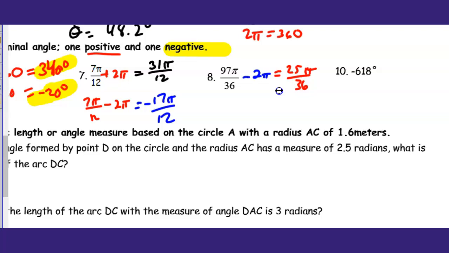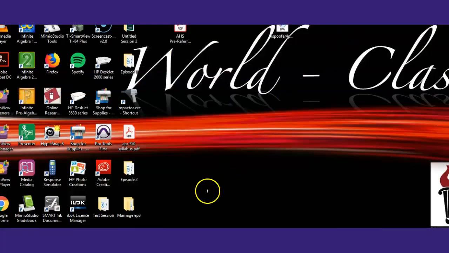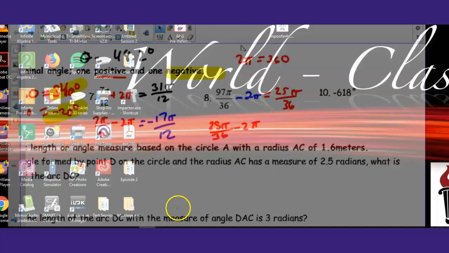So I'm going to do the same thing. 25 pi over 36 minus 2 pi. Keep it going.